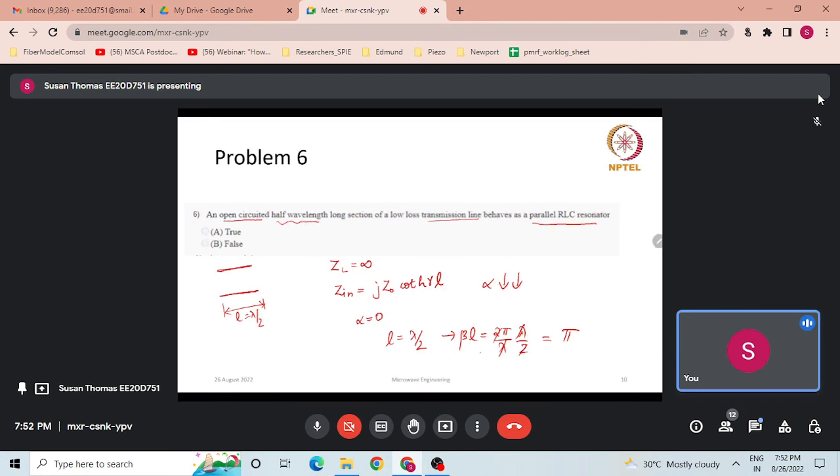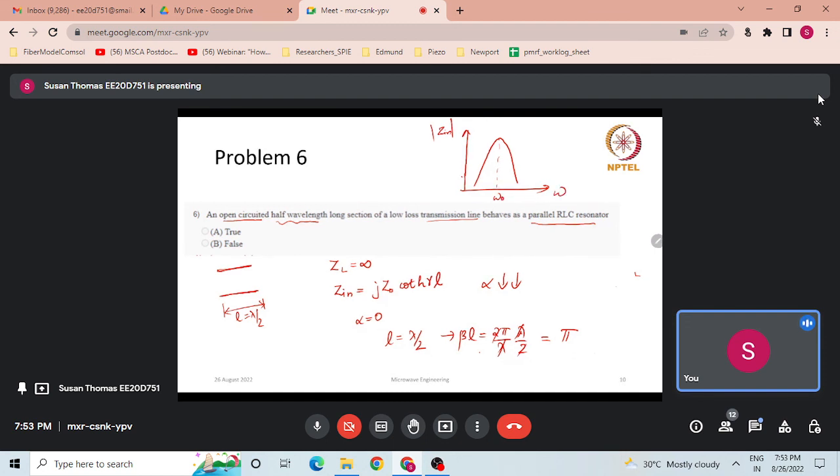Now, if you remember, what was the behavior of parallel RLC? That means how do we get the graph of modulus of Zin? In case of parallel RLC, you used to get something like this. This is a graph between magnitude of input impedance versus omega.